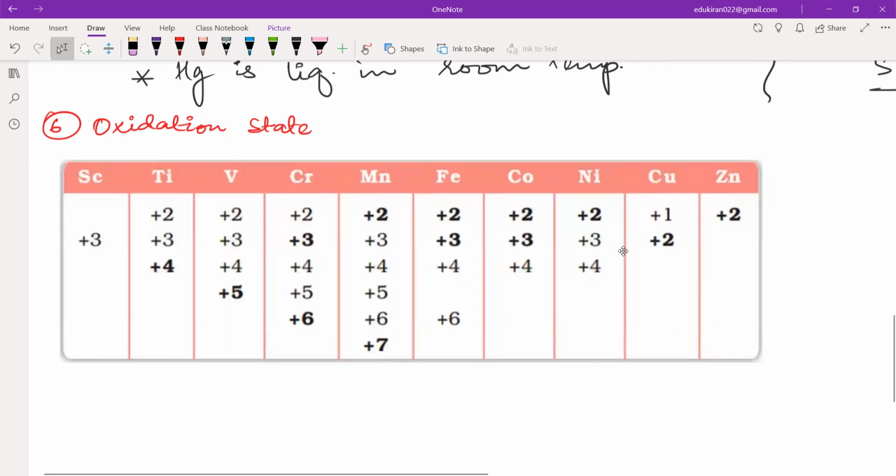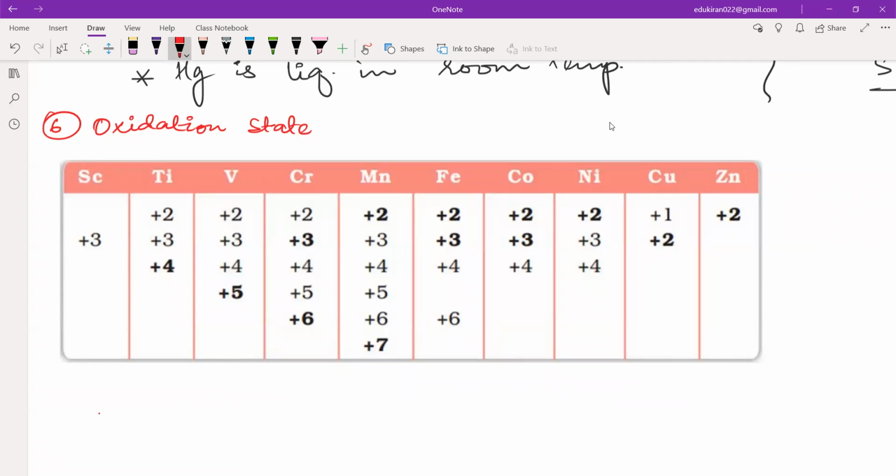This is visible, right? Now you see, we start with scandium, and in scandium we have +3 oxidation state. Then we go to titanium, vanadium, chromium, manganese, Fe, cobalt, nickel, copper, and zinc.